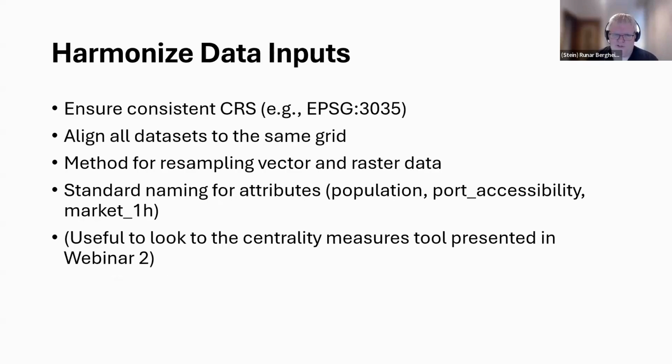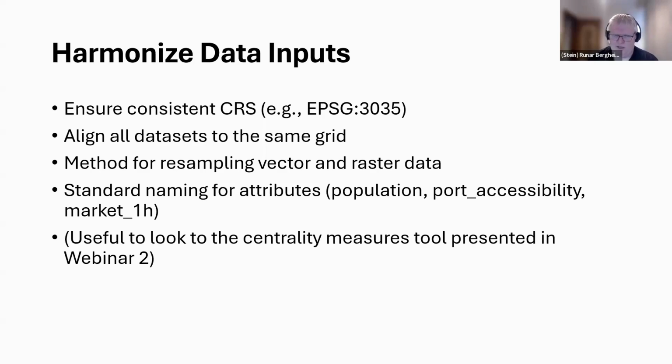We should harmonize these inputs because we need to make sure that, like this illustration I showed initially with all these layers lying on top of each other, things are aligned perfectly and are not skewed or offset. And for that purpose, we need to resample data to make sure that they conform to the same grid. And we should also use some sort of a naming convention so that it's easy to refer to these variables and understand which ones are what.